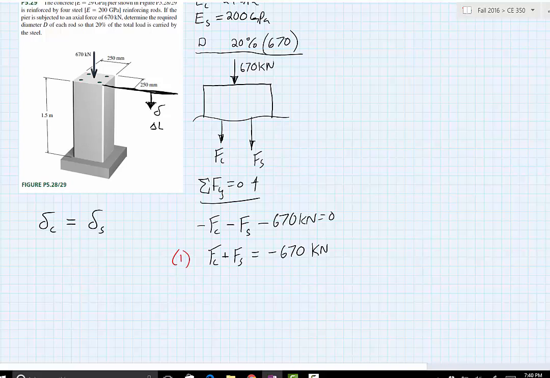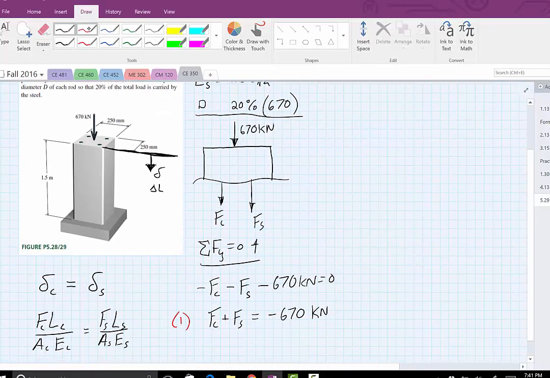Delta is force multiplied by the length of the concrete, over the area of concrete multiplied by the modulus of elasticity of the concrete. And then the same thing for the steel: force of the steel, length of the steel, area of the steel, modulus of elasticity of the steel. This I will call equation 2.